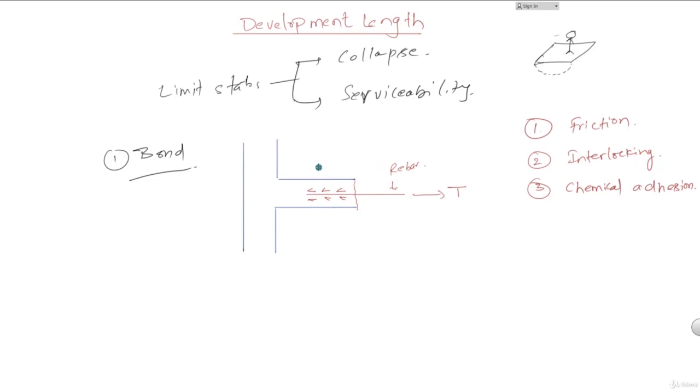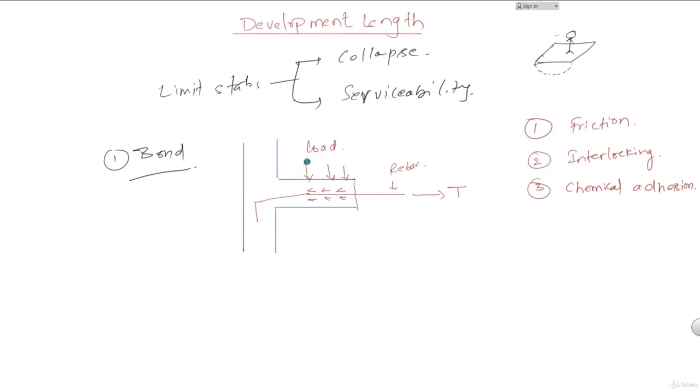So when you apply the force on this beam from here, the force is transferred to this rebar as well, and this rebar will transfer the force from here to this column. So to transfer this load from this beam to the column, the length of this rebar that you provide needs to be sufficient.